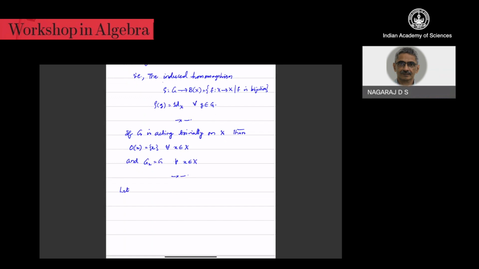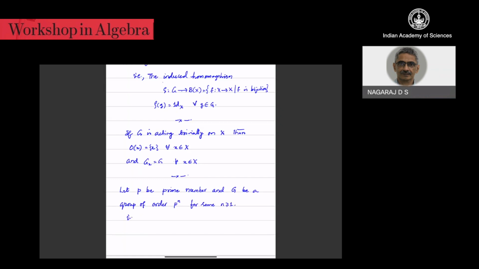Let p be a prime number and G be a group of order p power n for some n greater than or equal to 1.